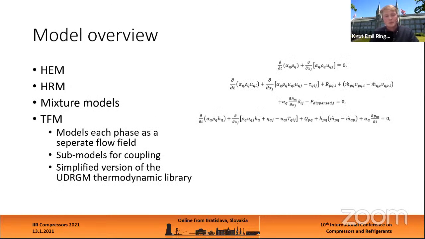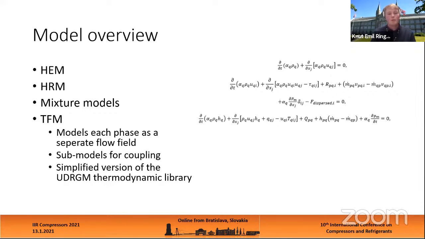And the last model we compared is the two-fluid model. We presented this last year, and instead of modeling the flow as a mean flow of the liquid and gas phase, you actually solve a separate set of equations for each phase.